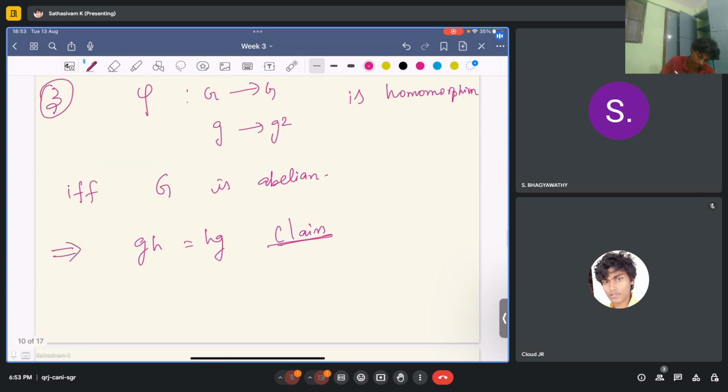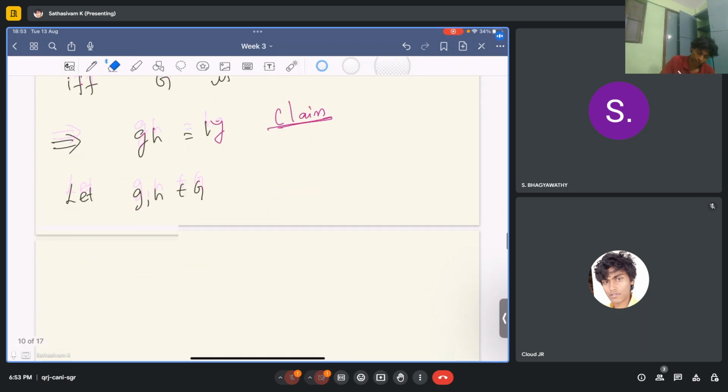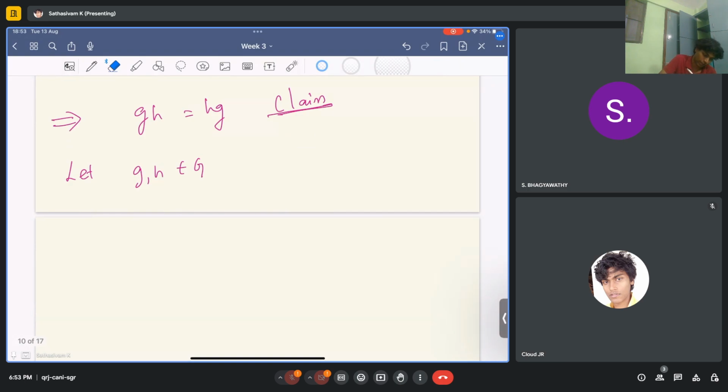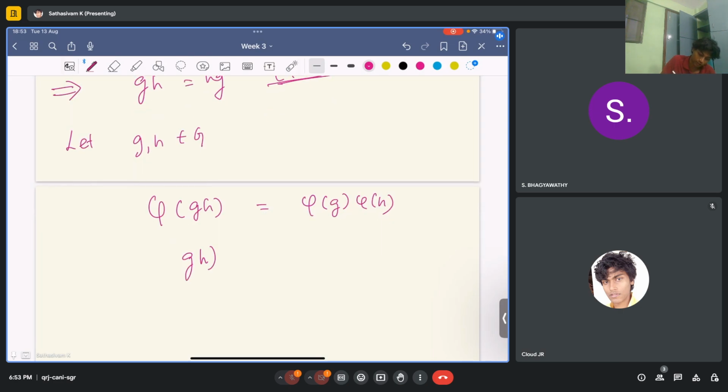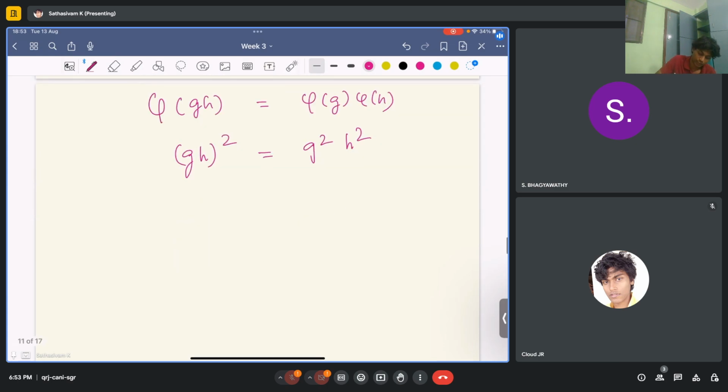Let's take two elements g and h belonging to G. Let's use the property that it's a homomorphism. So what I have is phi of gh is nothing but phi of g, phi of h. So what is phi of gh? It is gh square. This is equal to g square h square. So what is gh square?